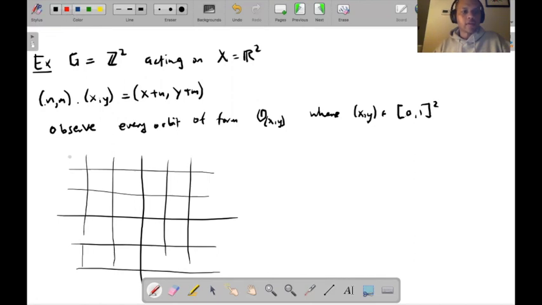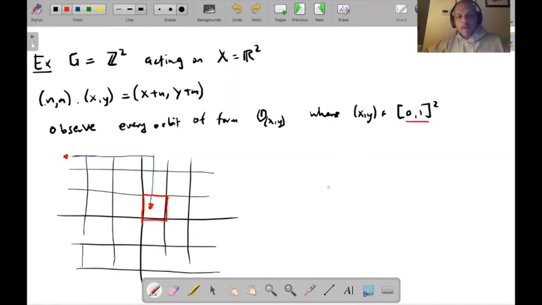If you have any point in the plane, then by some translations, horizontal and vertical, you can translate it by some amount horizontally and then some amount vertically to get it into this region here, which is the set [0,1] squared.